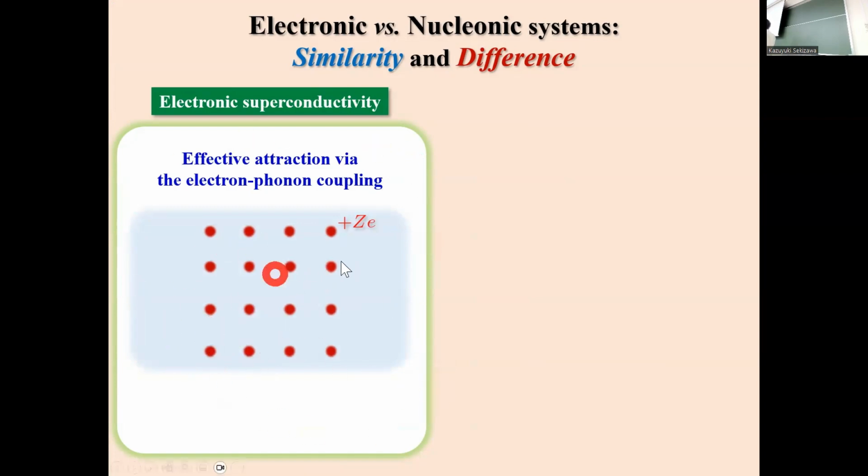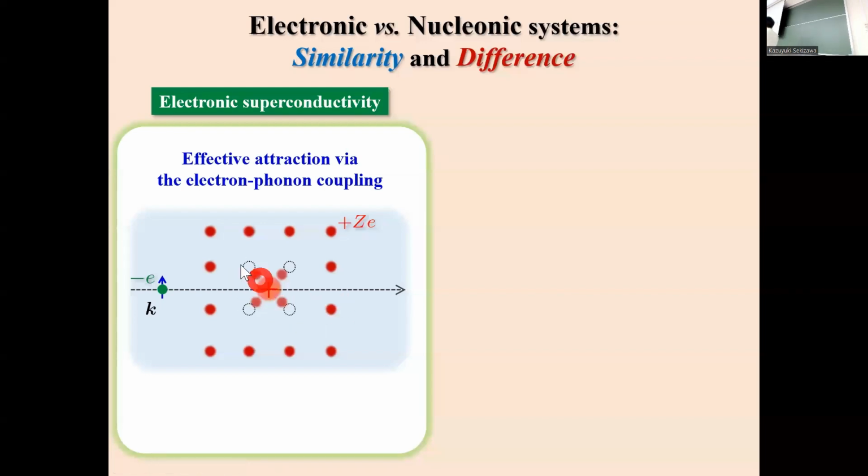In the case of solids, there is some crystalline structure of ions. They are positively charged, and there are some conduction electrons, which are negatively charged. This k represents the wave number of this electron, and the motion of one electron induces some kind of distortion or displacement of ions.